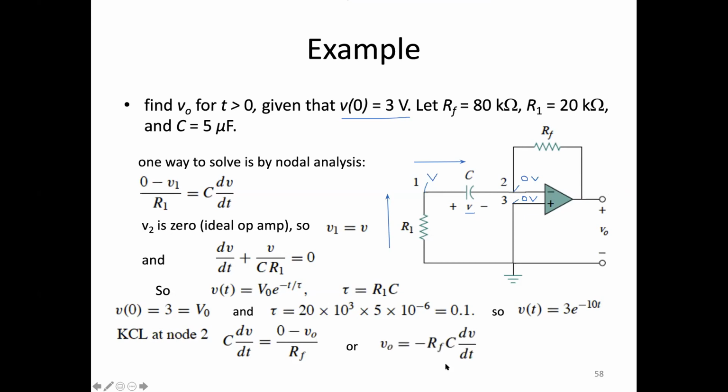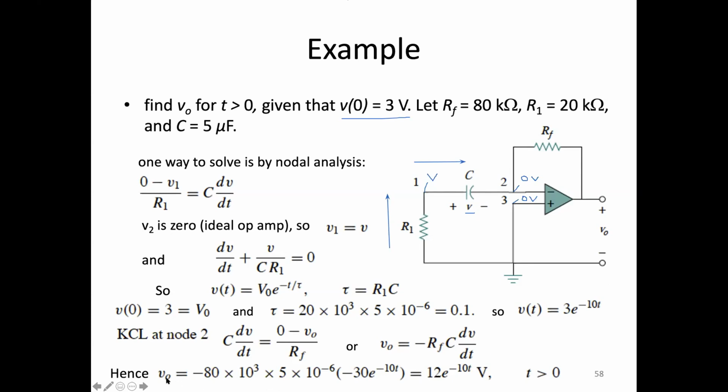Okay, so once again, we can rearrange this and identify that V naught is equal to the product of RF and C with a minus sign times the derivative of V. And we have a form for V, right? We already solved for V of t. So we can just differentiate this expression and substitute it into here.